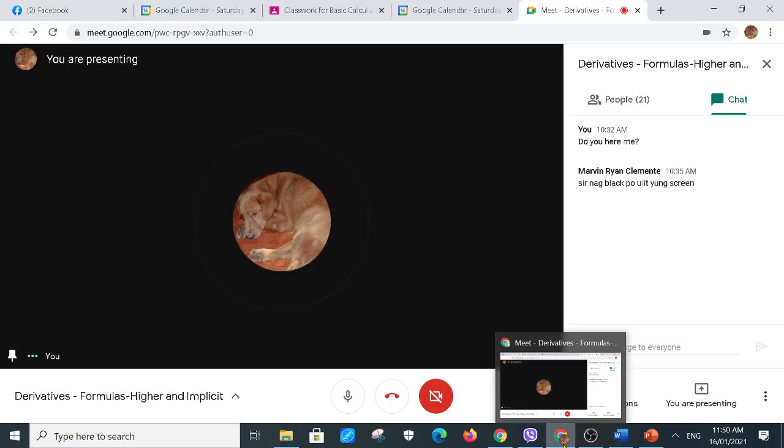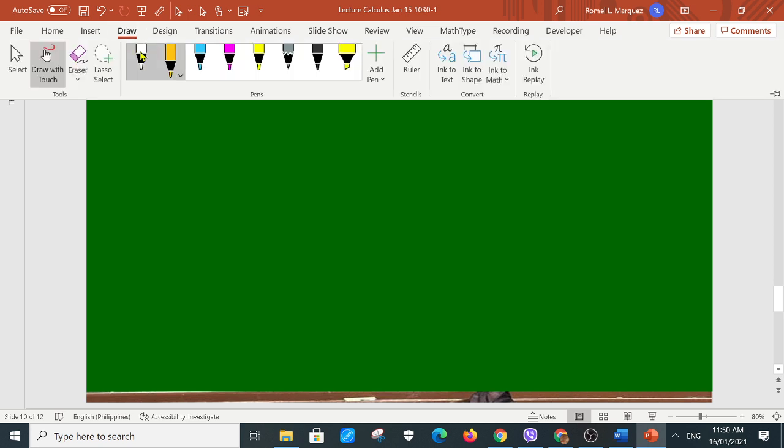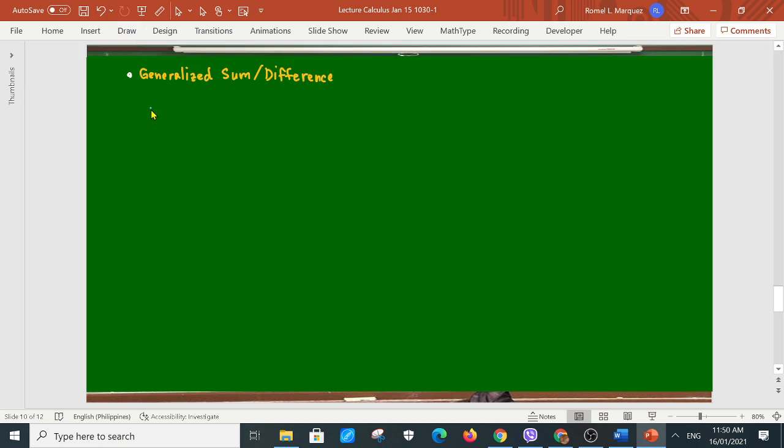So, the generalized form of the sum, and it can also be a difference. The formula: the derivative with respect to x of u sub 1 plus u sub 2 plus u sub 3 all the way to u sub n.